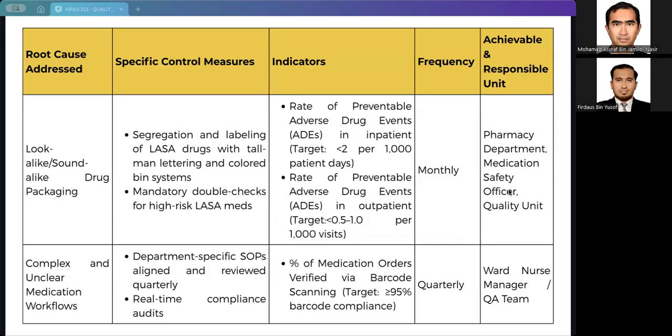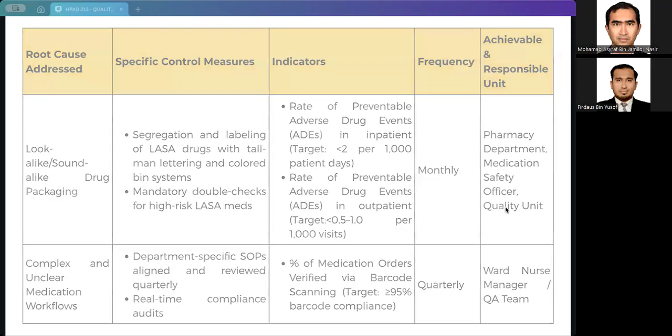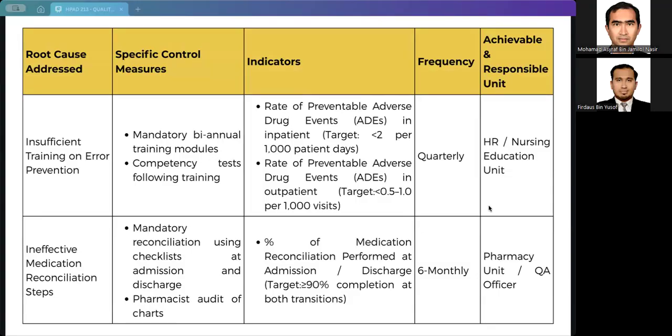Next is enhancing our medication workflows. Our goal is achieving at least 95% medication orders verified via barcode scanning in a quarterly manner. The ward nurse managers and quality team are responsible for these indicators. Next, under insufficient training on error prevention, we are targeting a rate of preventable adverse drug events in inpatient setting to be also below 2 per 1,000 patient days and less than 1 per 1,000 patient visits.